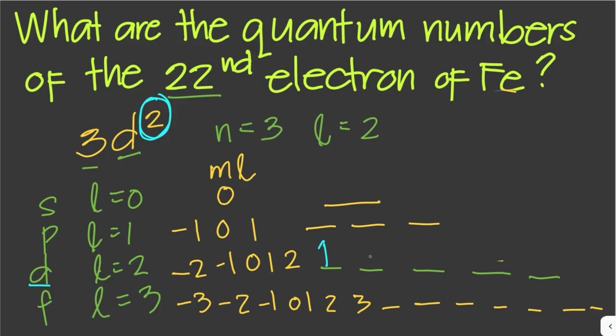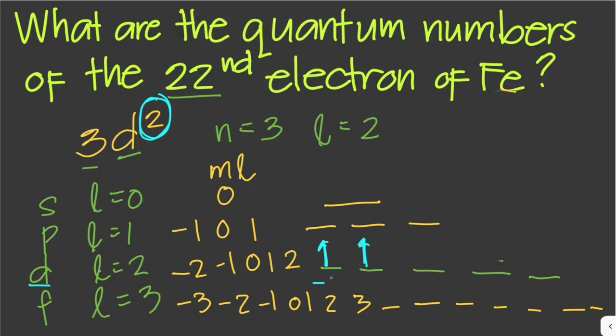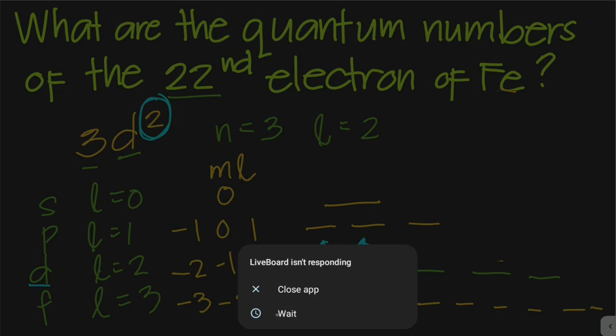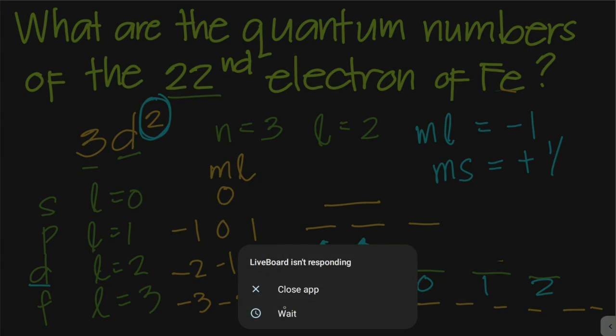We start with arrows facing upwards, but it only has 2 electrons, so 1, 2. So these are the values of ML: -2, -1, 0, 1, 2. So the last arrow, or the second electron, stopped at -1. Therefore, the value of ML is equal to -1. And since the last arrow is facing upwards, the spin, or ms, is positive 1/2.